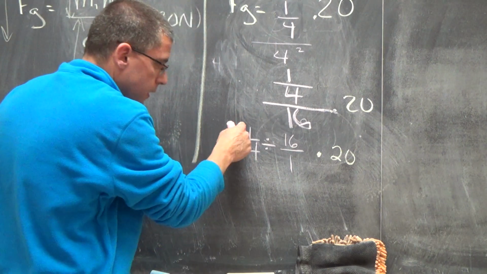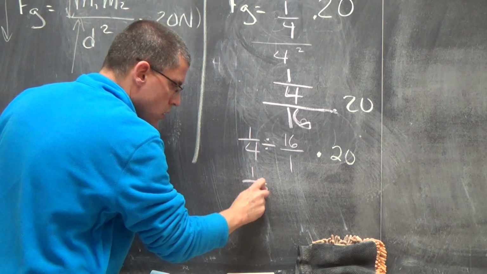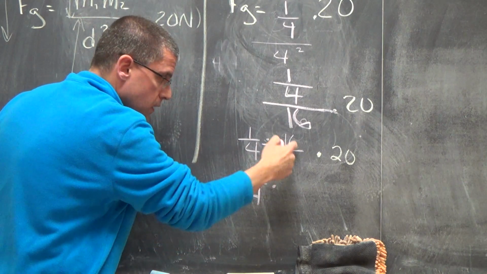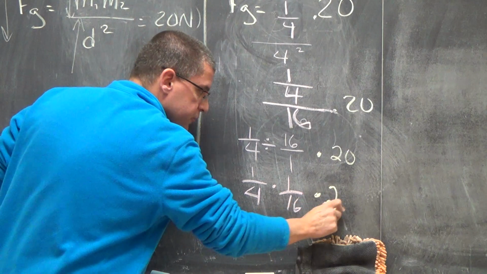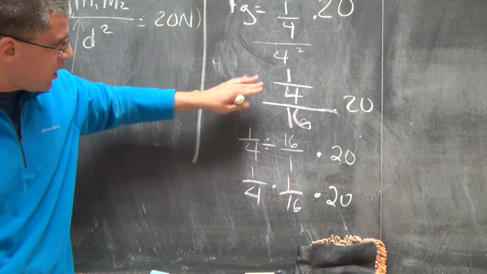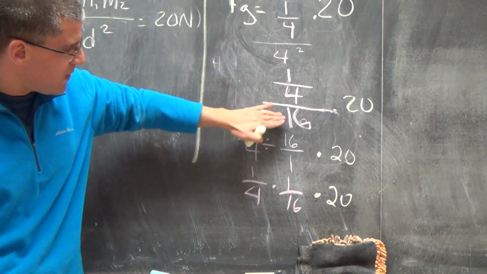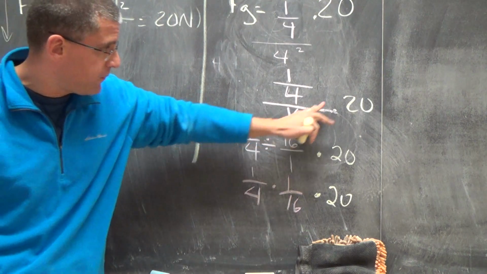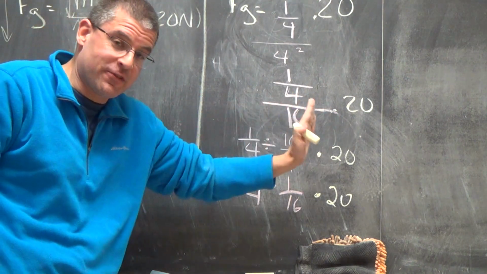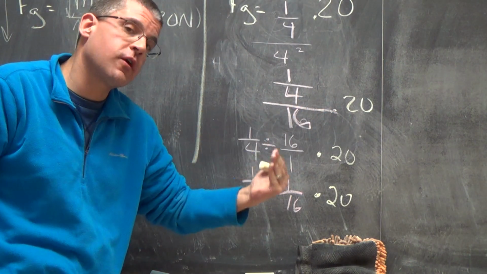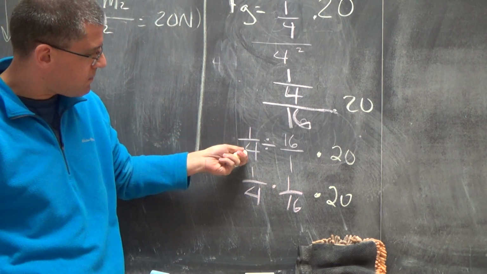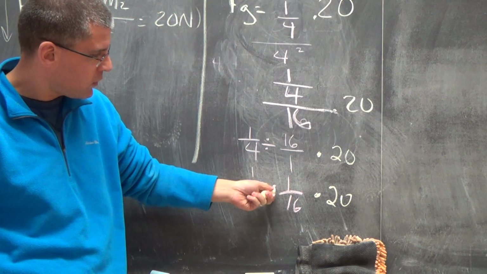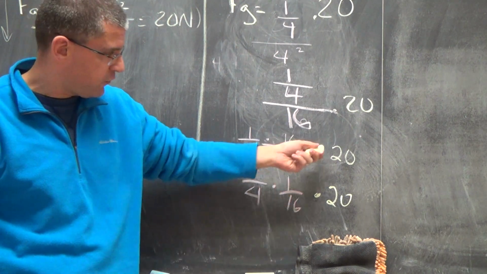It's really good: keep, change, flip. That's that reciprocal thing. You know what I'm talking about? Times 20. All I did, 1/4 divided by 16 times 20. Maintain that left to right mentality for order of operations. Keep, change, flip, and then you still have this here.